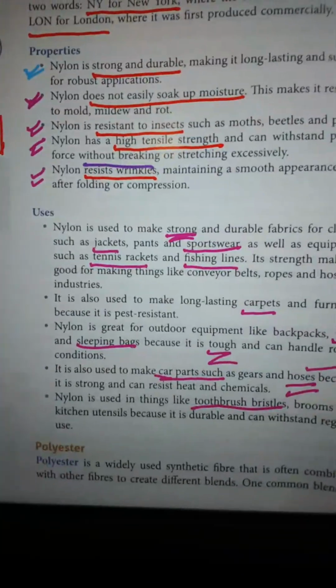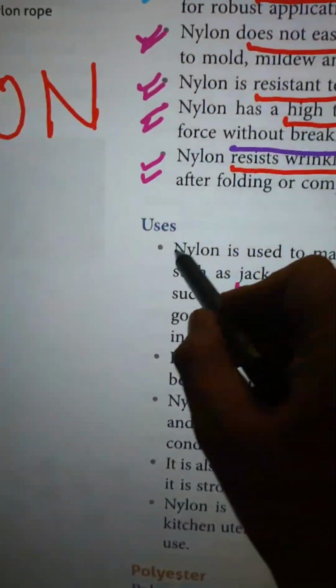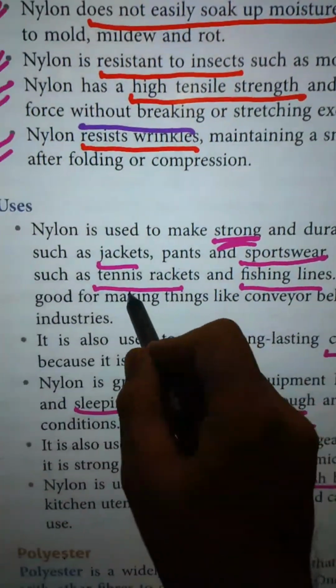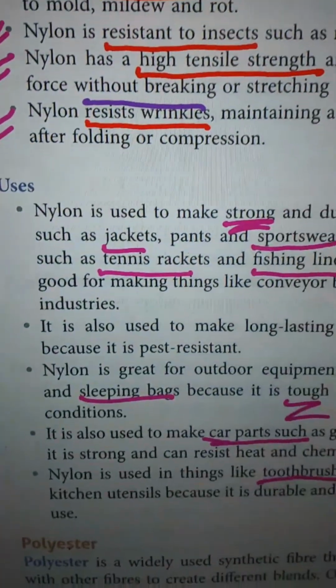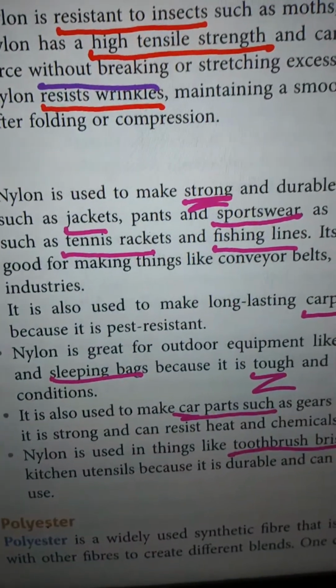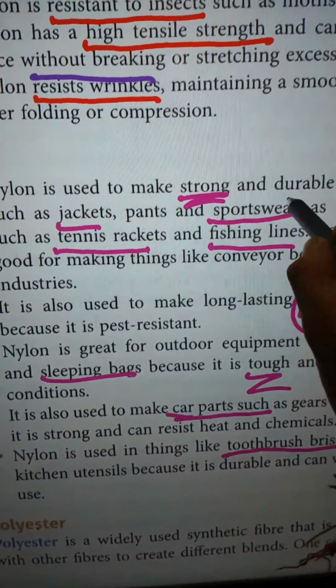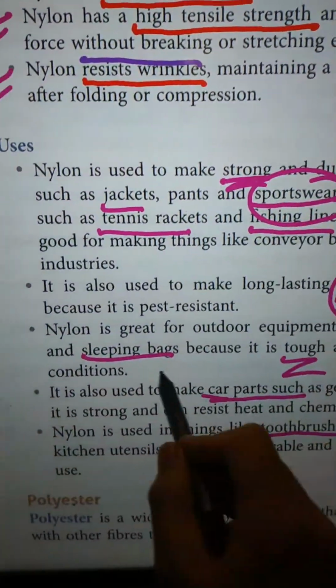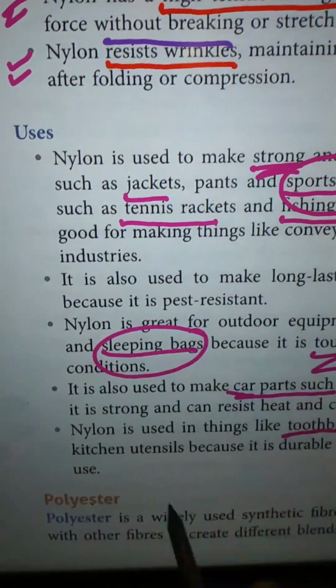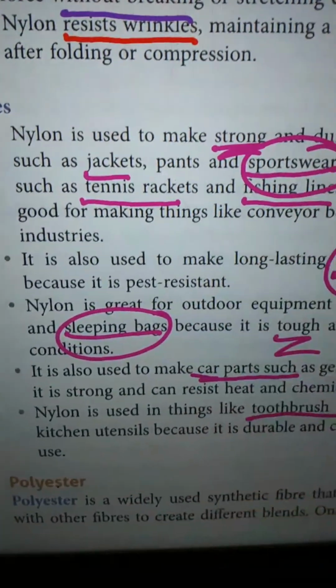But nylon does not. So you have to remember the uses: it is used for making sportswear, carpets, sleeping bags. You can say everywhere it is used.